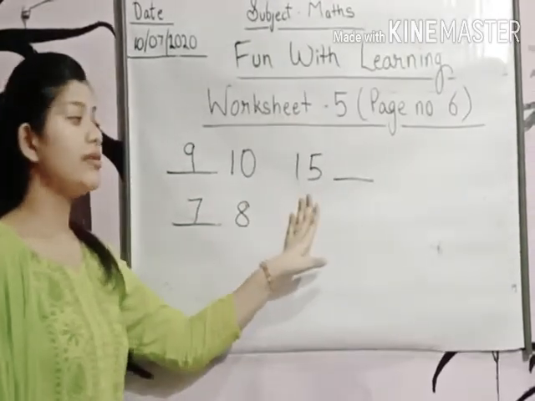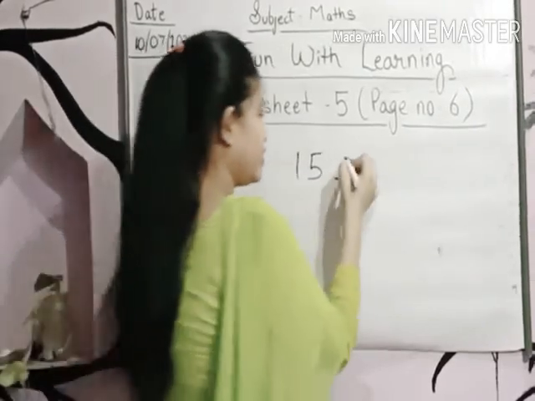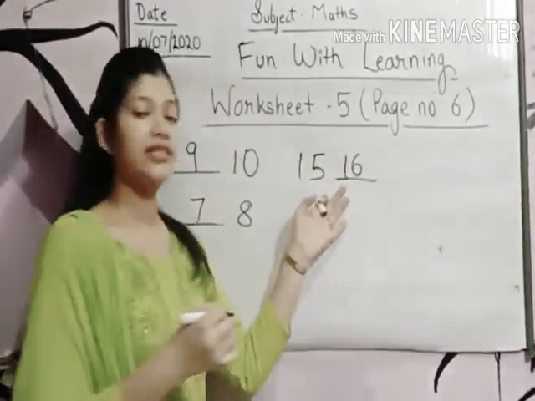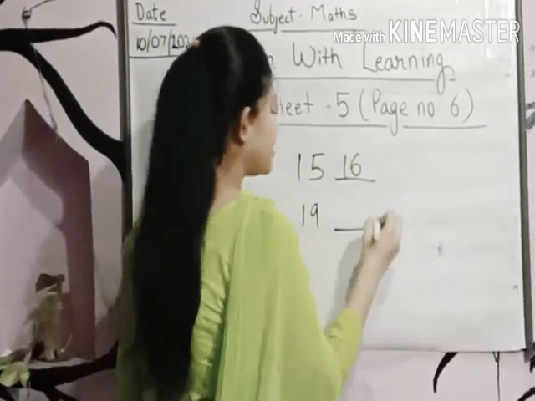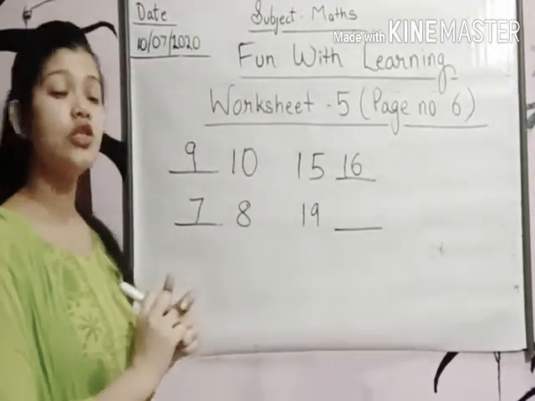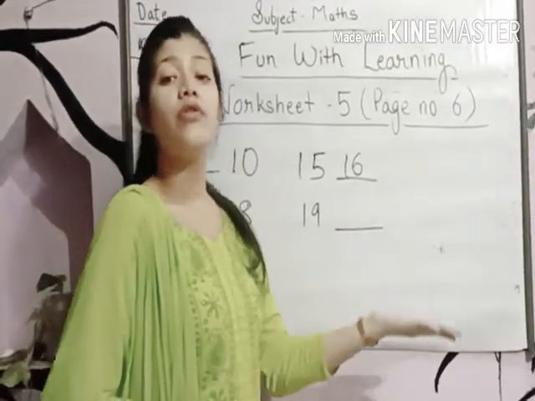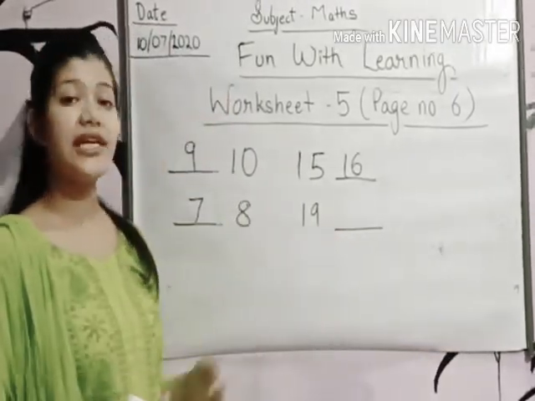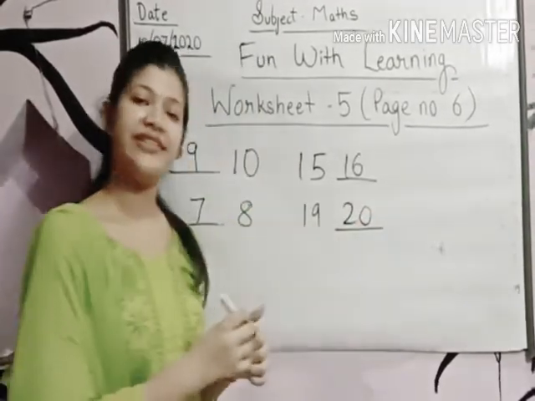So what comes after 15? Which is the next number? 16. So the answer is 16. Clear? Let's take one more example. 19 dash. What comes after 19? Let's move one step forward. 20. So we will write 20 over here.